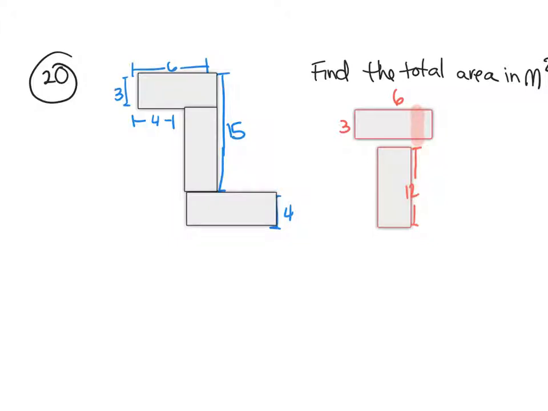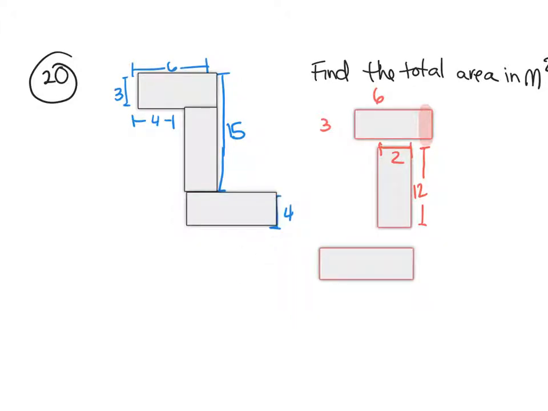And then looking back at our original here, this is 4, but this whole part is 6. So that means that this part has to be 2. So this part is 2, and the height is 12. Now I have to find the dimensions of this rectangle down here.